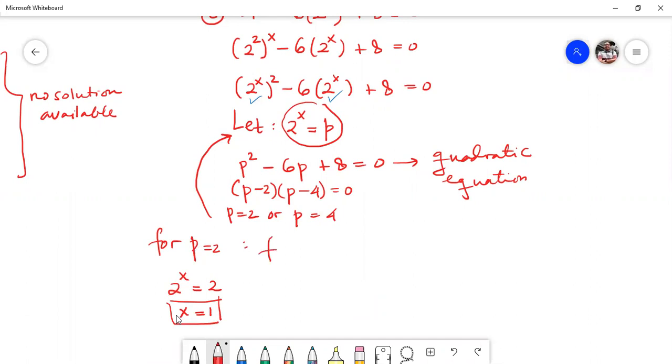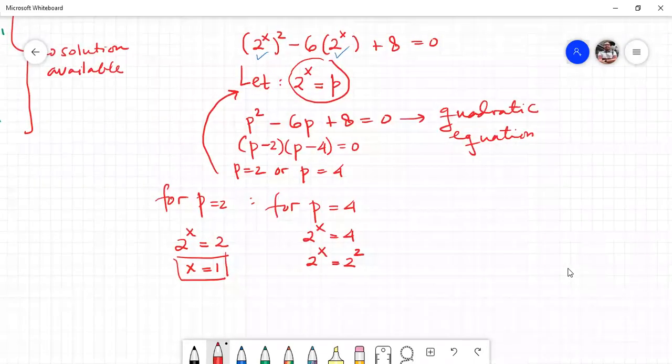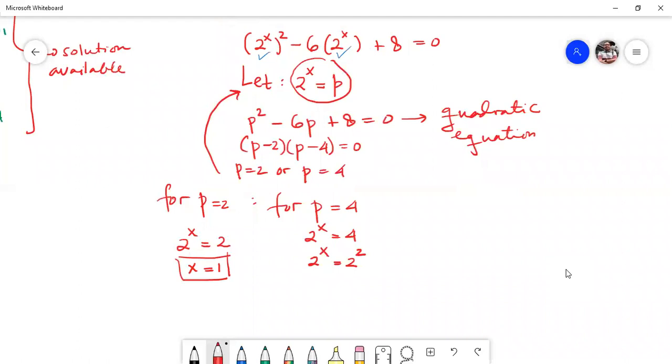Next, for p equals 4, 2 to the power of x equals 4, then 2 to the power of x equals 2 squared. Then what will we have? We have x equals 2. So we have two possible solutions, x equals 1 or x equals 2.